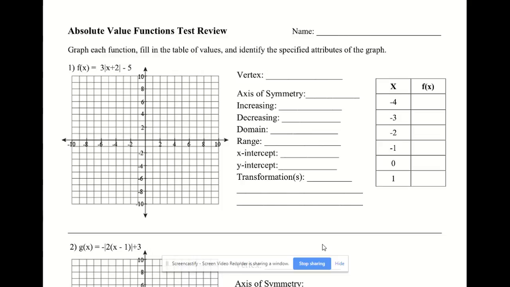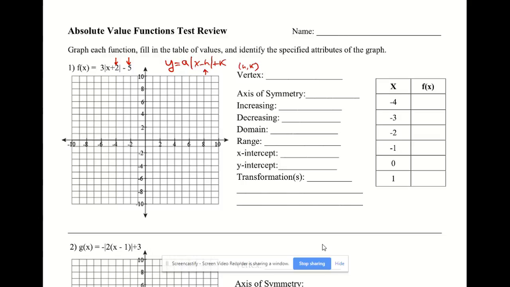Now, first thing we need to remember is that our template is y equals a times the absolute value of x minus h, plus k, where our vertex is going to be h comma k. So if we look at our function, we've got a positive 2 here and a minus 5 here.